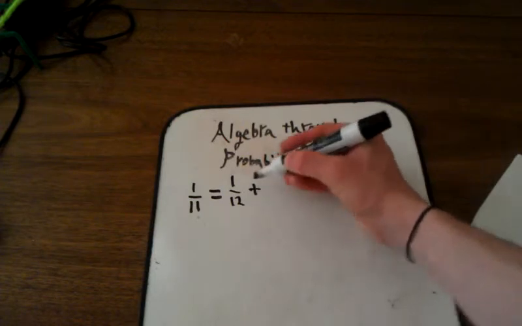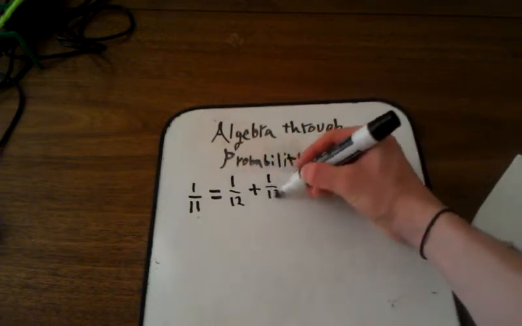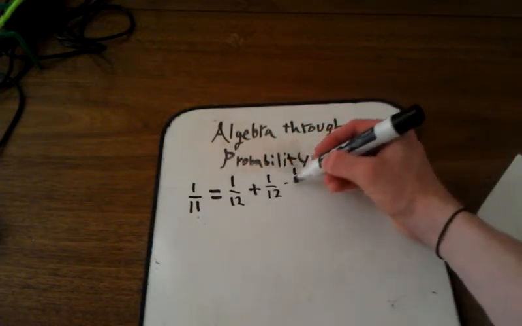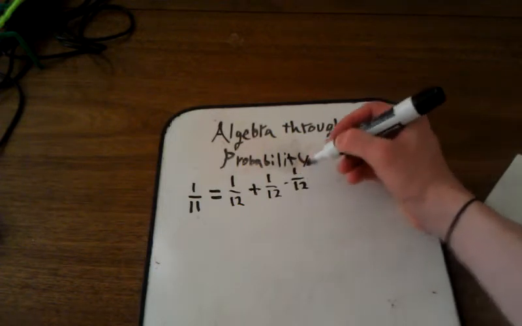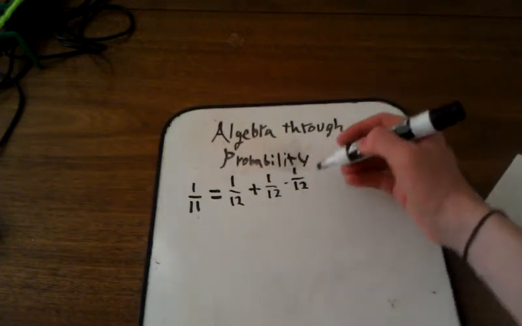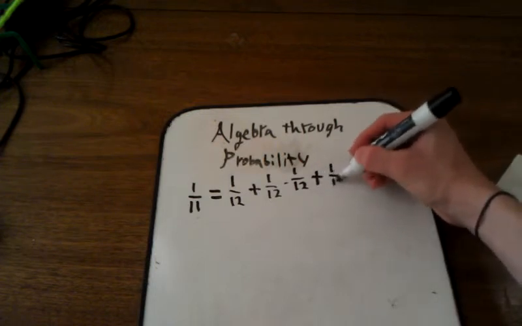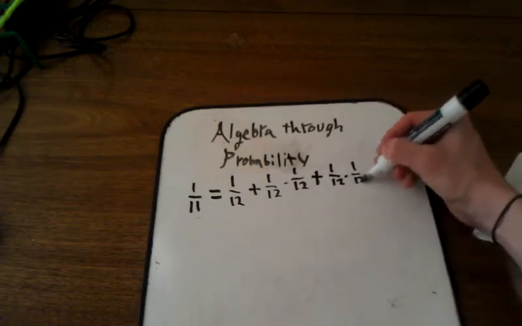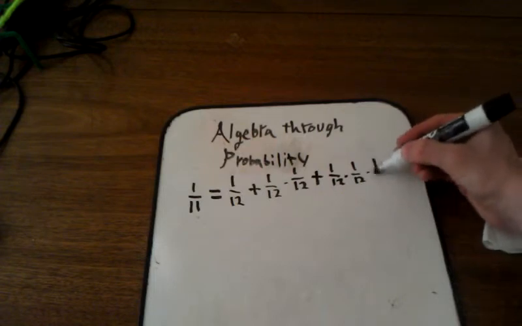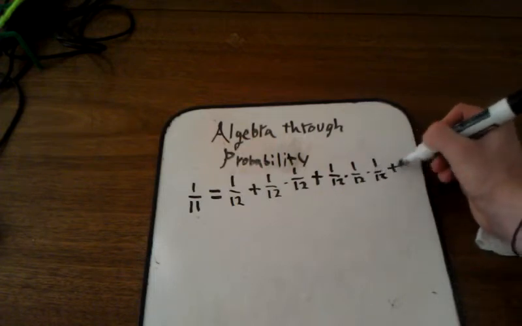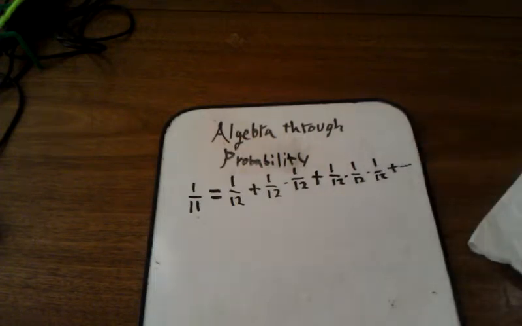Or we could get a 12 the first time, have to roll again, and then get a 1 on the second time. Independent events, so the probabilities multiply. Or we could get a 12 the first 2 times, 1/12 times 1/12 there, and then get a 1 the third time, et cetera. 1/11th is equal to 1/12 plus 1/12 squared plus 1/12 cubed plus et cetera.